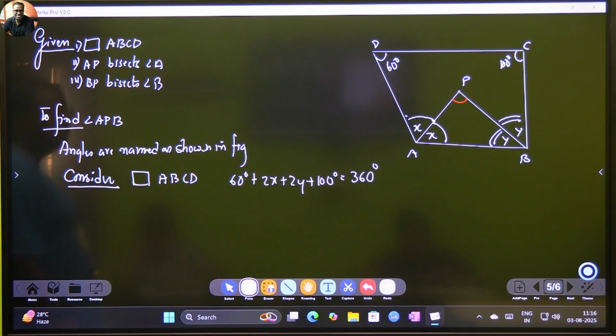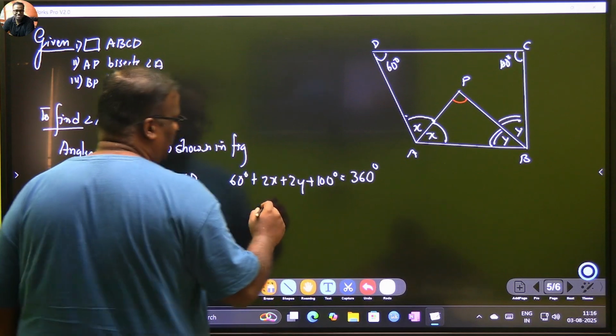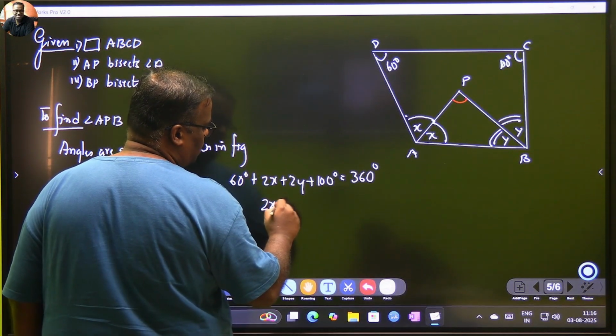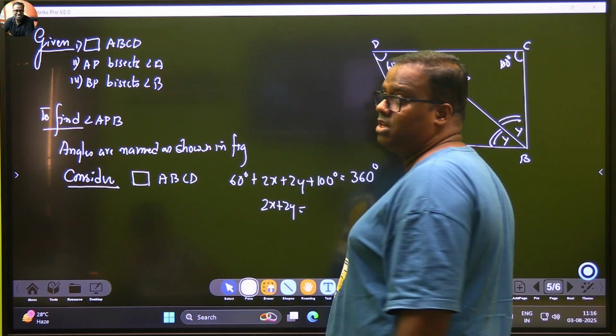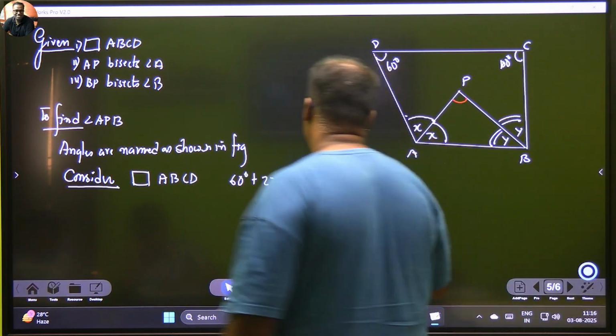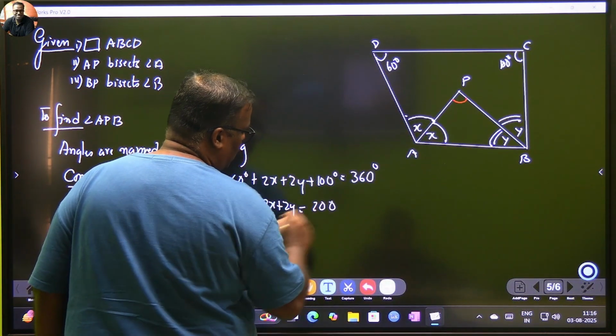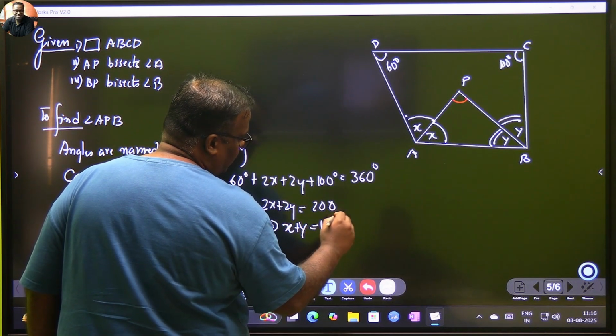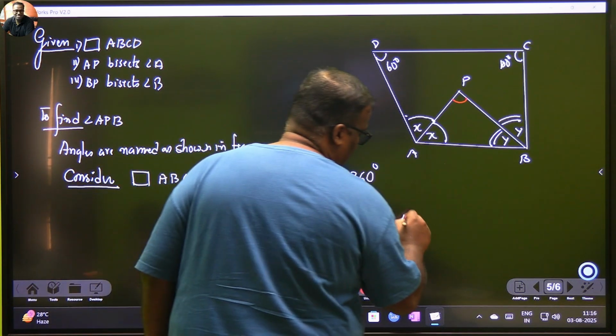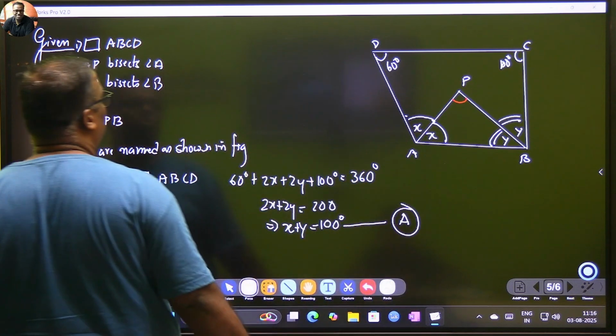Right? So from here, can I write 2x plus 2y? Now I will jump steps. 360 minus 100 is 260 and another 60 gone is 200. So can I write x plus y equal to 100 degree? Can I write this and keep this as statement A? Am I allowed to do that?